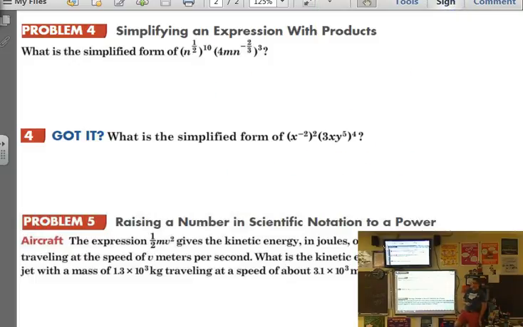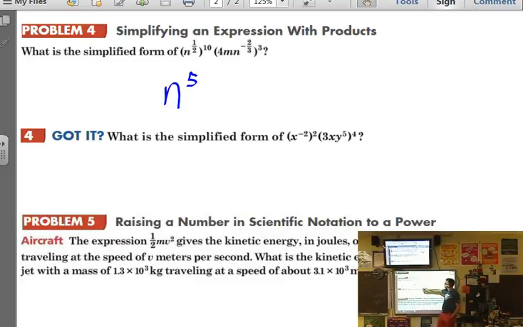So here, our variable values are different. We have no m out here. We just have n to the half to the 10th, and then 4m times n to the negative 2/3 to the third. What can we do here, Michelle? Okay, well, first you can look at n half to the 10th, and that becomes n to the 5th because it would be 10 times a half.